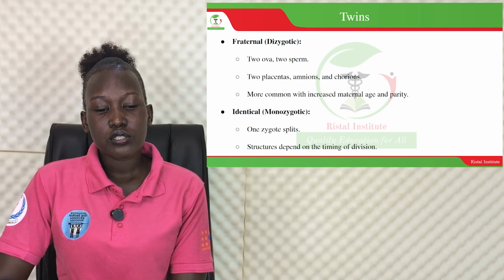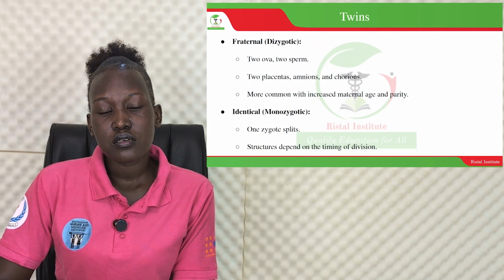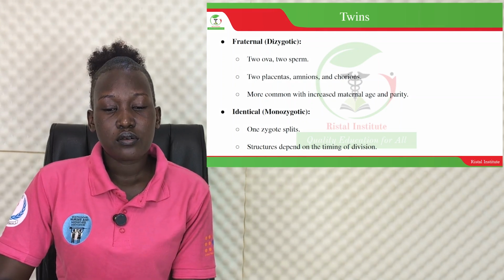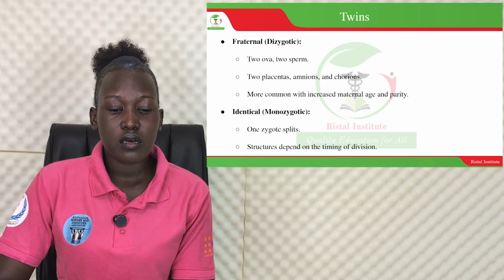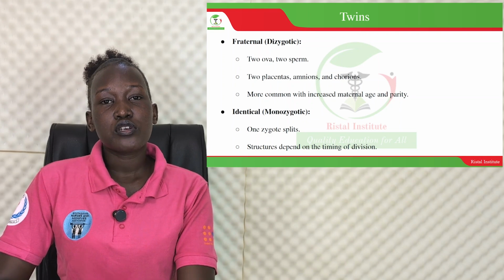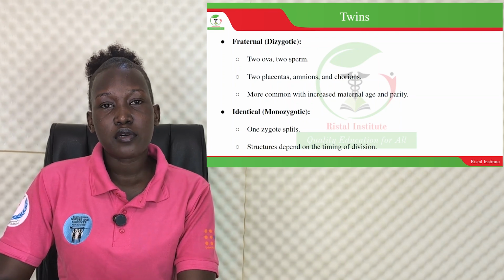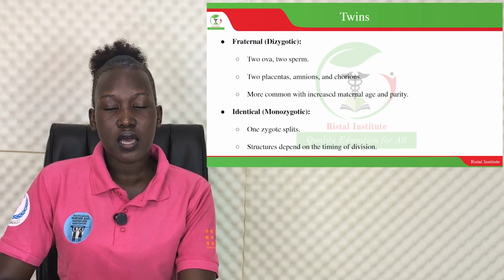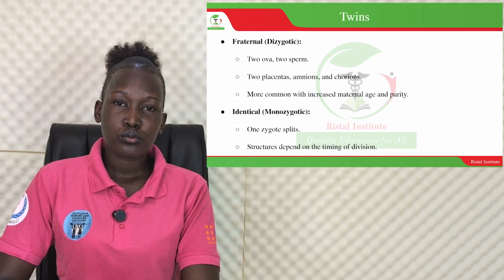Then we have identical or monozygotic twins. When we look at monozygotic twins, we have one zygote which split. It was one egg and one sperm, but due to maybe rapid cell division, it splitted and they became two.